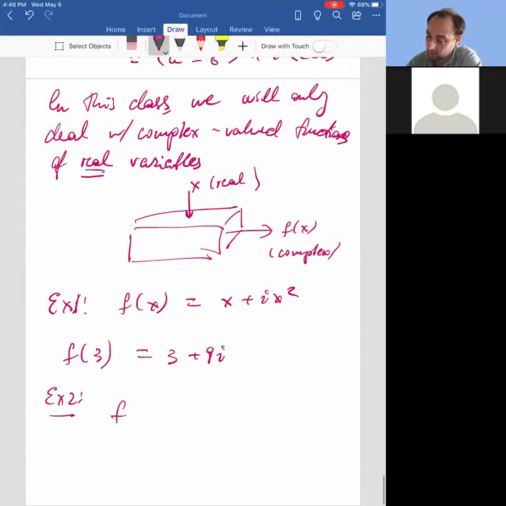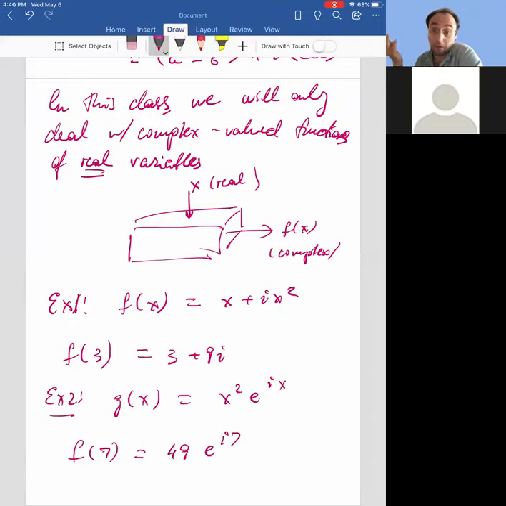Now let's call some other function, let's call it g. g of x equals x squared e to the ix. g of 7 equals 49 e to the i7. Why not? You can do that. Okay.